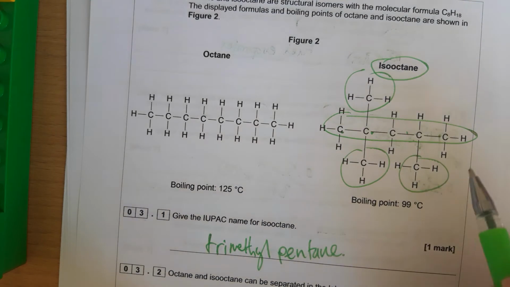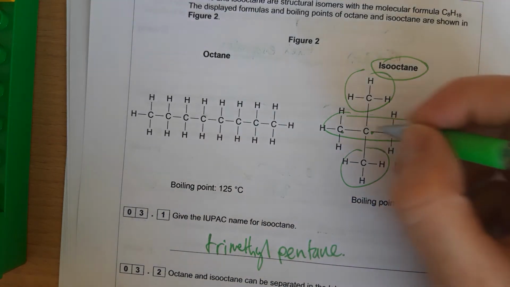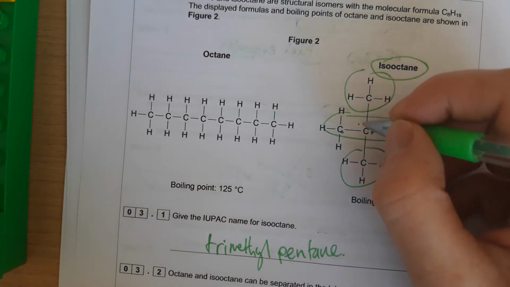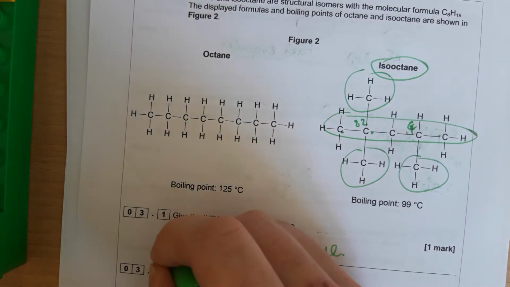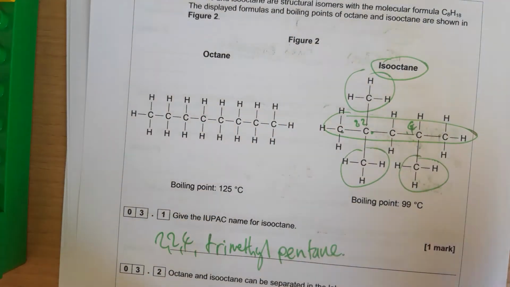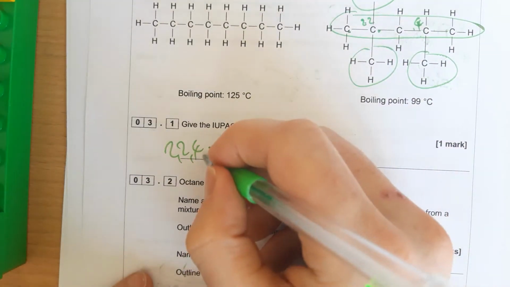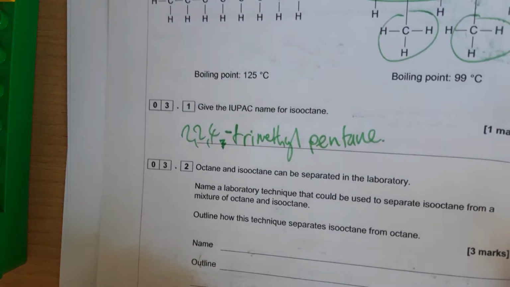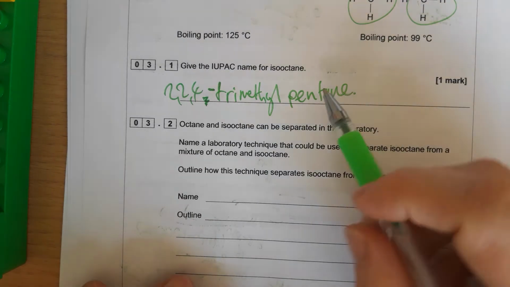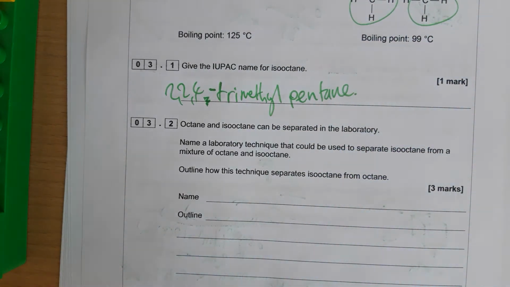Trimethyl pentane, and I now need to show the positions. So it's either going to be 2,4,4 or 2,2,4: 2,2,4-trimethylpentane.